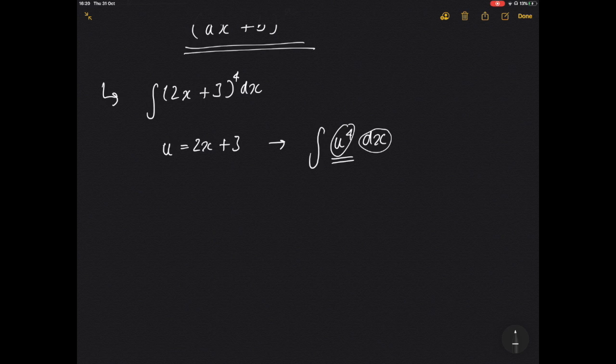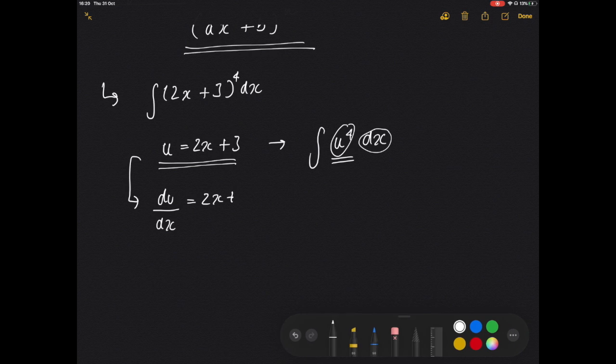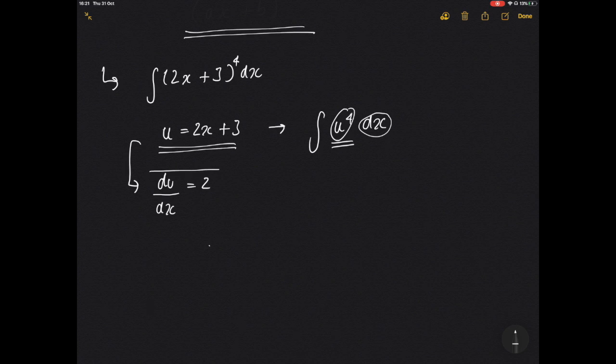So if we have u here and we differentiate it, we can say du by dx equals 2. And this is just by doing our differentiation: bring the power down, multiply, and reduce the power by 1. And what we've found is du by dx equals 2.